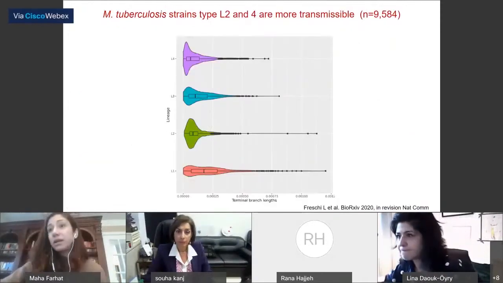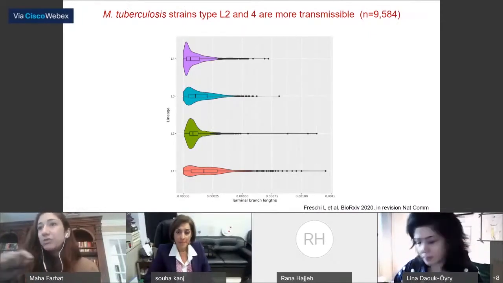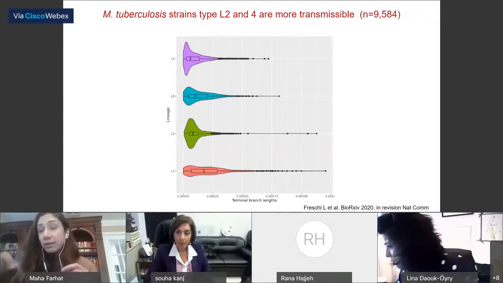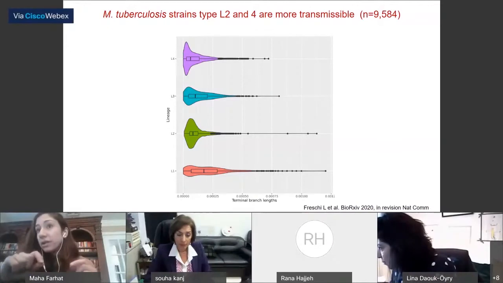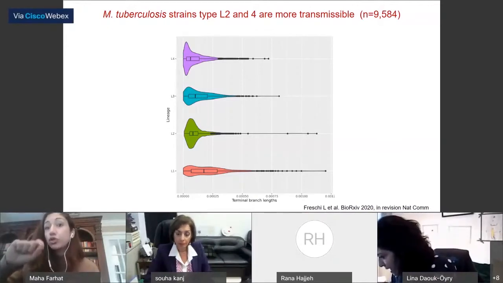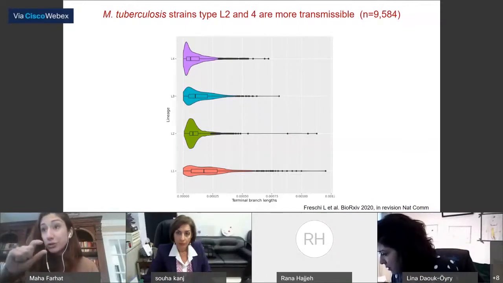And in other work we have done, using a different metric, we get an interesting assessment of transmissibility. Here we look at phylogenetic trees and measure the terminal branch lengths, because when you have a faster, more efficient transmission, these terminal branch lengths are shorter, and when there's less efficient transmission, they can be longer.